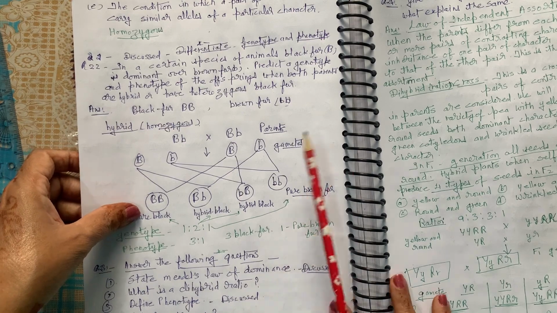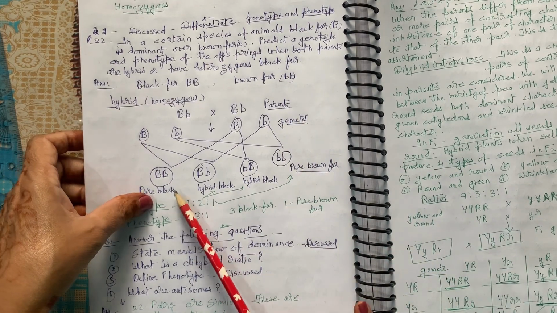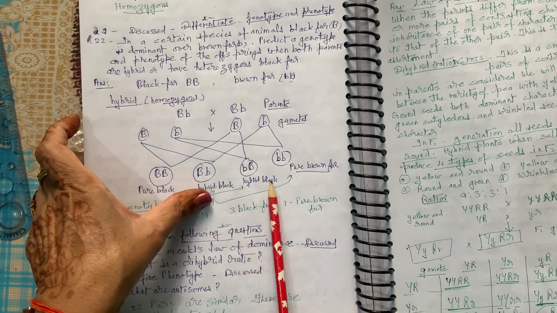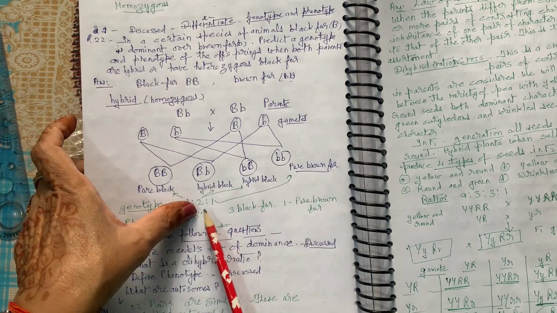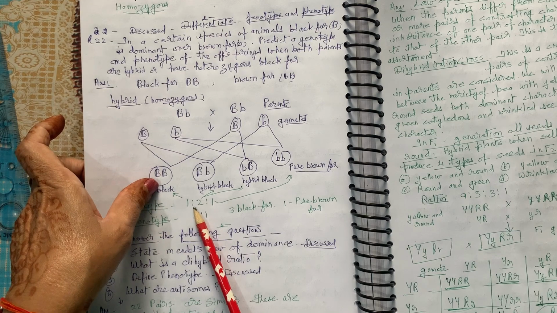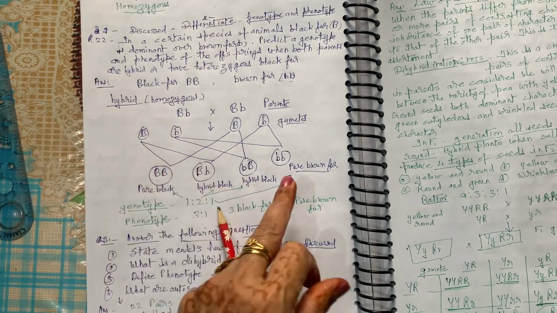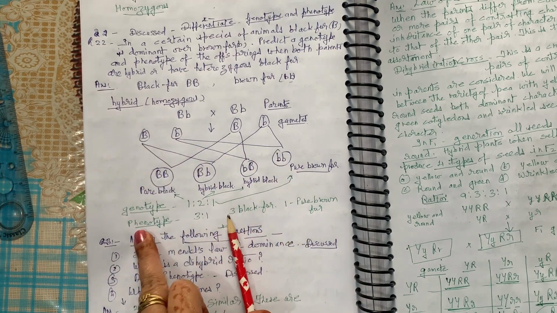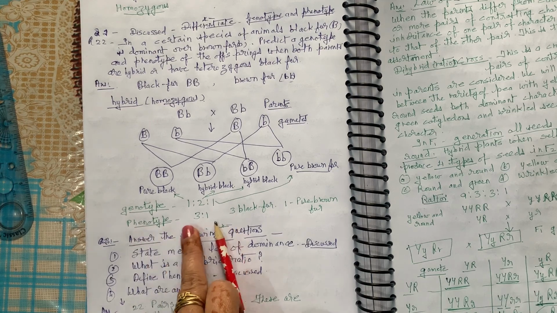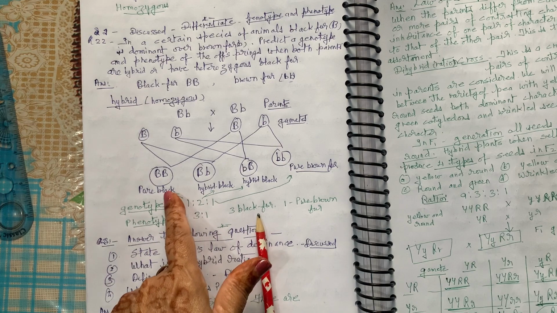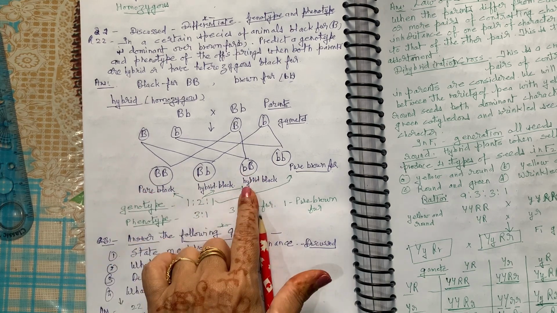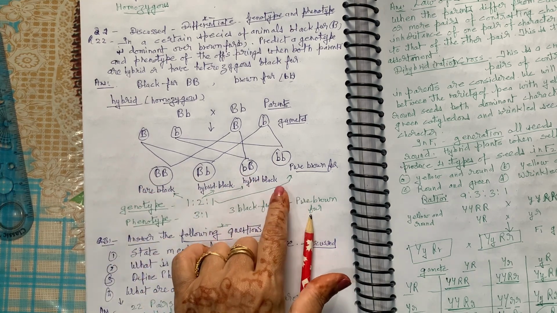Now the offspring which we obtain: this is pure black, these two are hybrid black, and this one is pure brown. So the genotypic ratio is 1:2:1, that is 1 pure black, 2 hybrid black, and 1 pure brown fur. The phenotypic ratio for this F2 generation is 3:1. That is, externally 3 are black fur and 1 is brown fur.